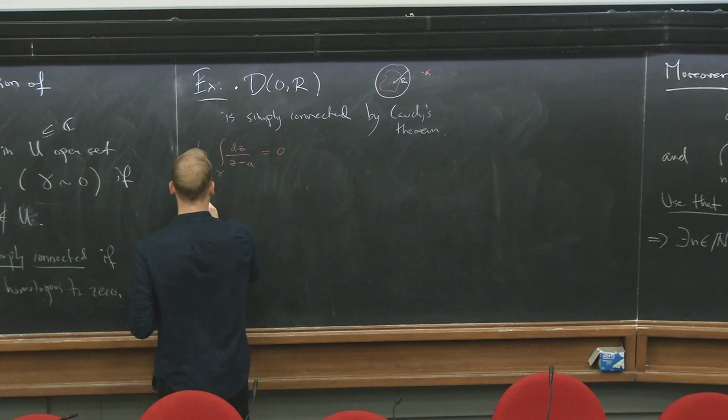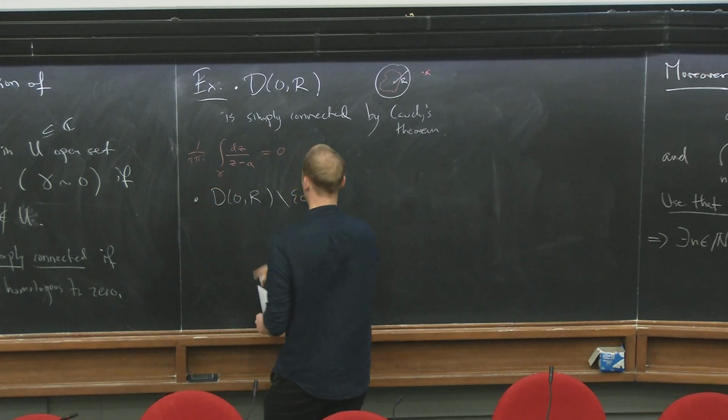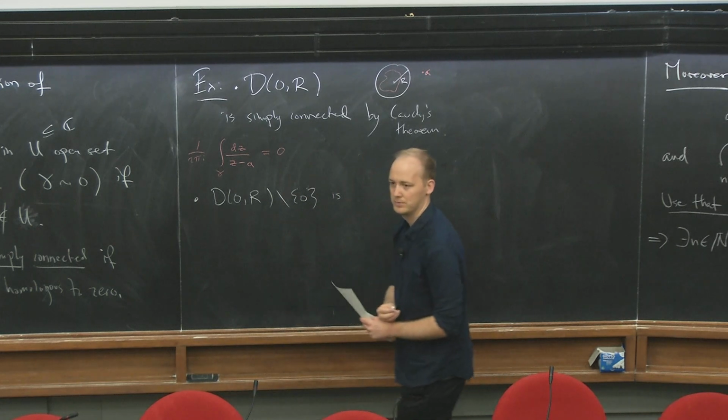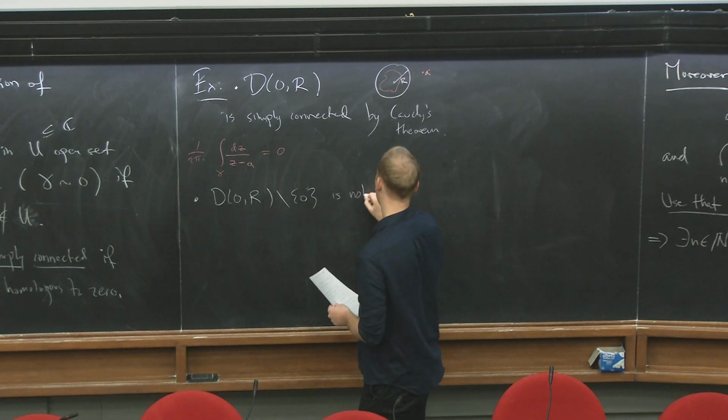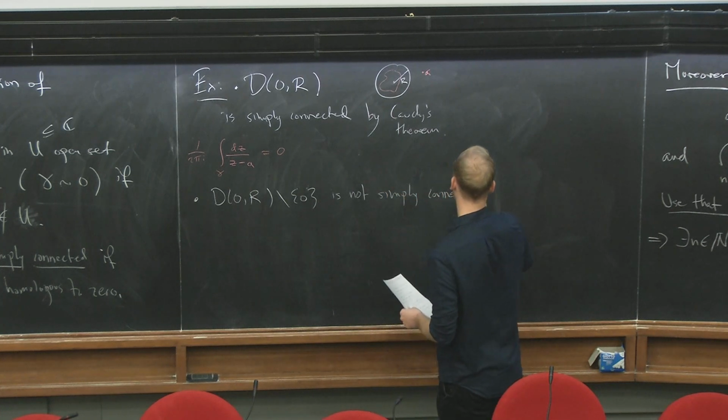Second example, if I take the same disk, but I remove 0, is this one simply connected? Okay, correct. So the intuition is it's not simply connected. And what would be the argument?